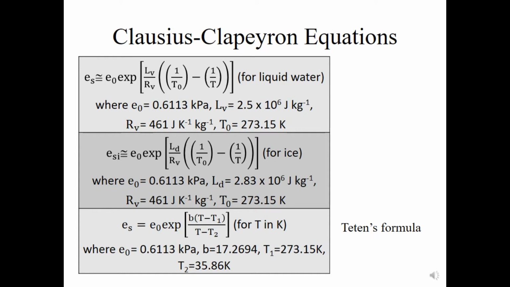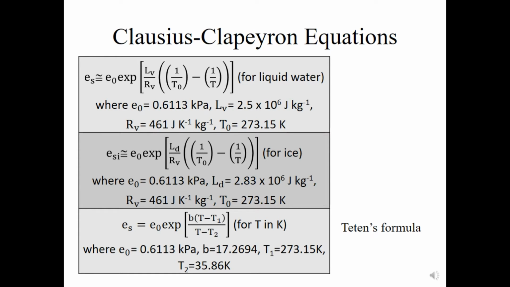In the video, I provided one empirical formula for the Clausius-Clapeyron equation that is an empirical fit to laboratory data. And the Stull textbook uses a slightly different formulation for that called Teton's formula. And it's essentially an empirical fit to actual laboratory data.